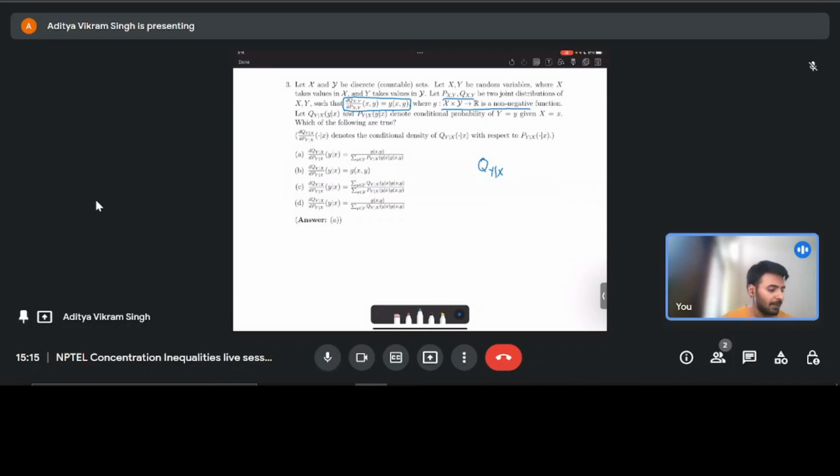What I mean by that is that whenever you fix x to a particular value, we have a probability distribution, which we denote by this q.